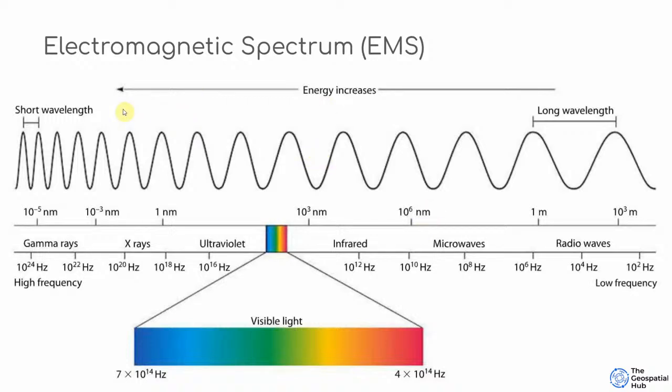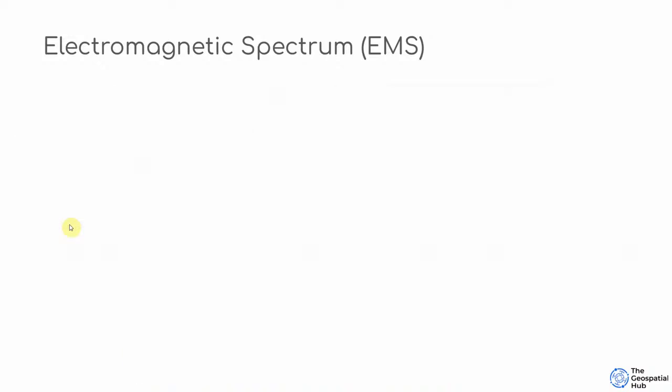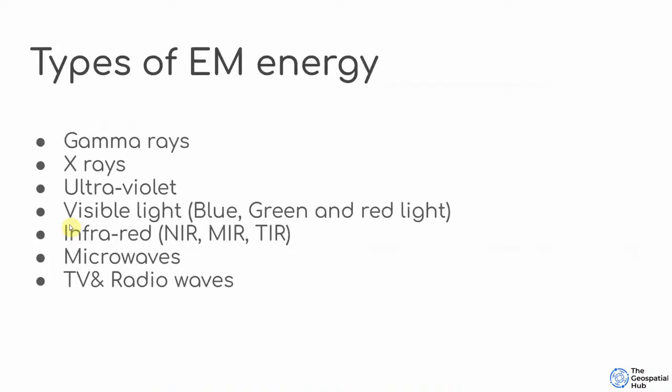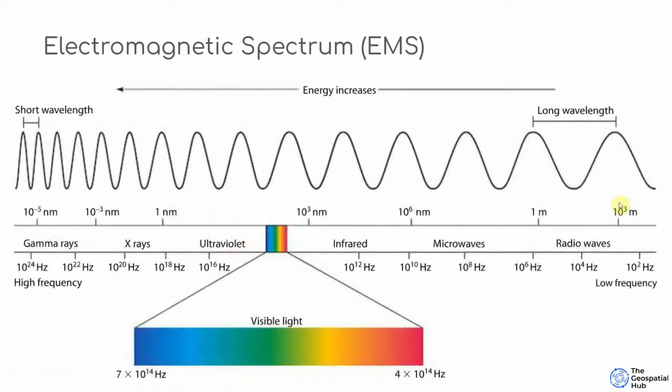The energy is segmented into different regions, which we can see, and that's what we spoke about earlier: the segments from the gamma rays down to the radio and TV waves. So this is what we have here as the electromagnetic spectrum.